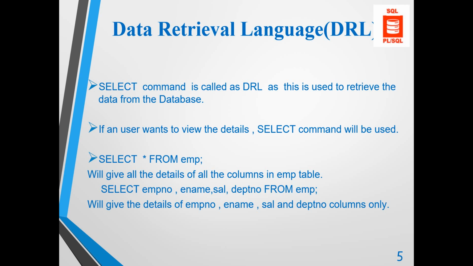We have seen select star from EMP will give the details of all the columns in the EMP, and select with the specified column names will give the details of only those columns. So this is the video regarding SQL data types, creating a table, and how do we see the data from a table.